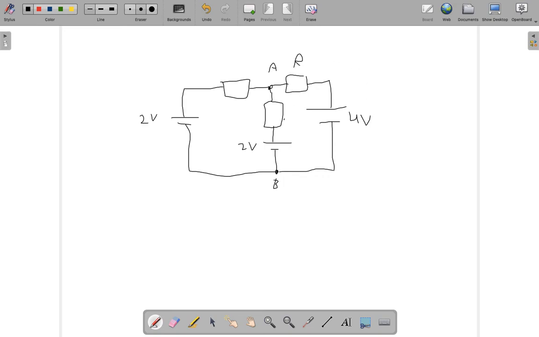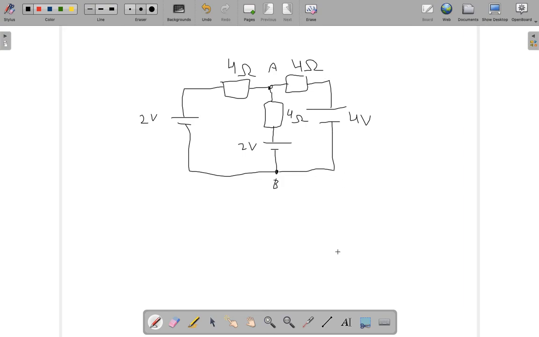Okay. Sorry, I shouldn't write R. I should actually put 4 ohms, 4 ohms, 4 ohms.